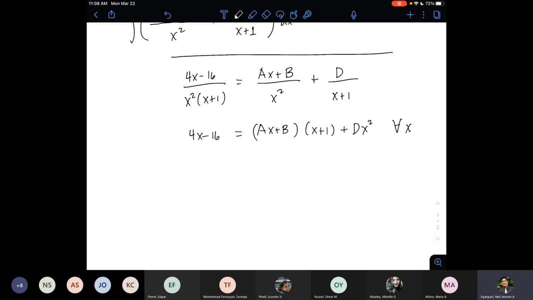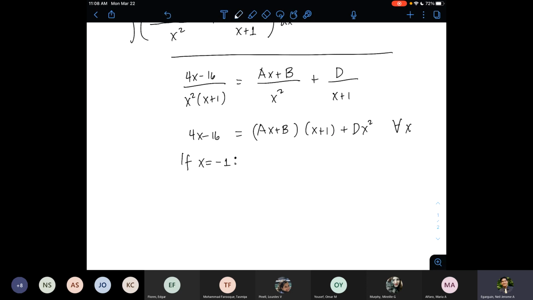In particular, if I take x to be equal to -1, you see that this factor will be 0, effectively getting rid of the term with a and b, leaving us only with the term with d. So from there, we can solve for the exact value of d, right?